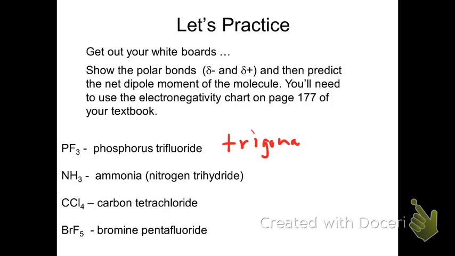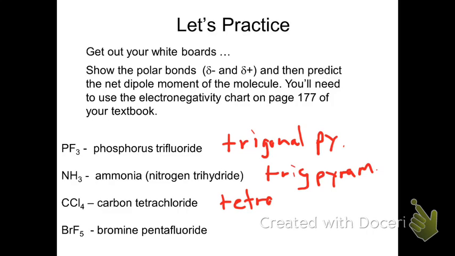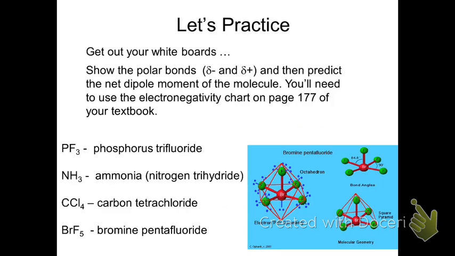Then you also have ammonia, which is, believe it or not, trigonal pyramidal. Then you have carbon tetrachloride, which is tetrahedral. And then you have bromine pentafluoride, which is a bit different.